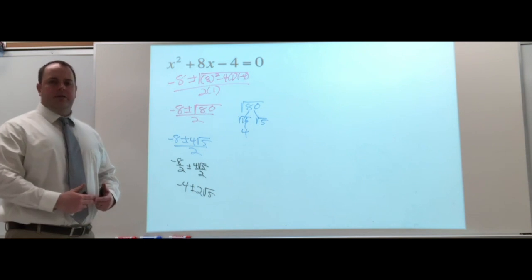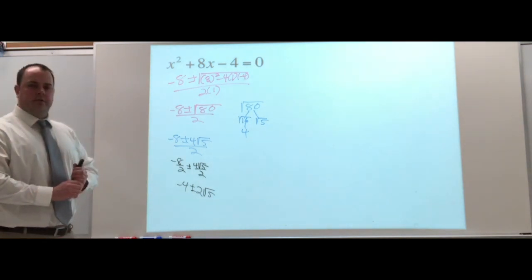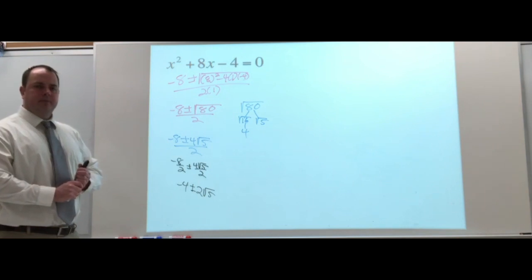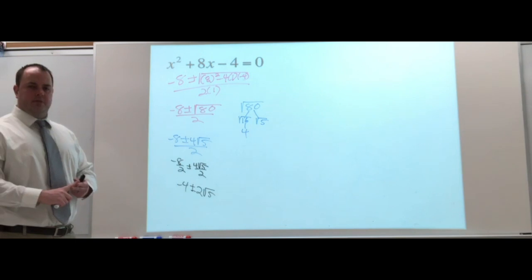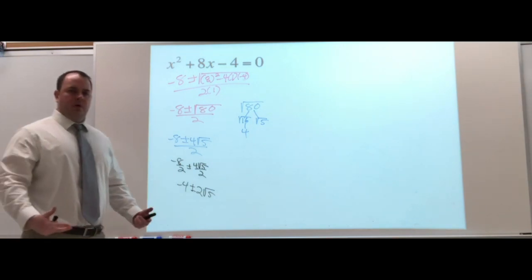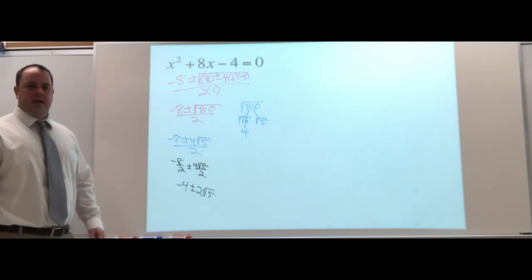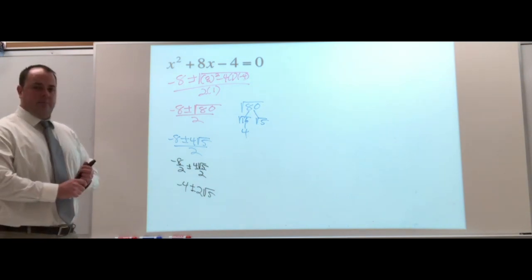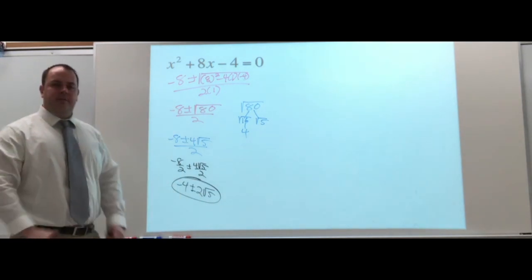You're not going to be allowed to give me decimals, so this is the exact answer for what the values of x could be. So watch your signs, make sure you simplify everything as much as possible. We hope the square root works out nice, but if it doesn't, we're going to end up just simplifying as much as we can, and we're not going to force anything to happen. So that's the end of 5.4.